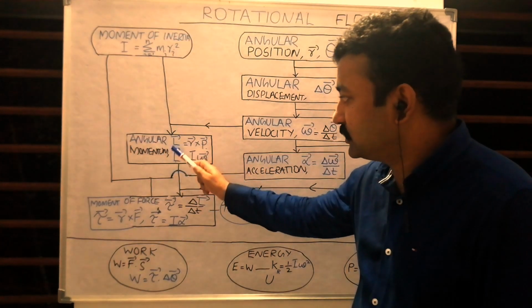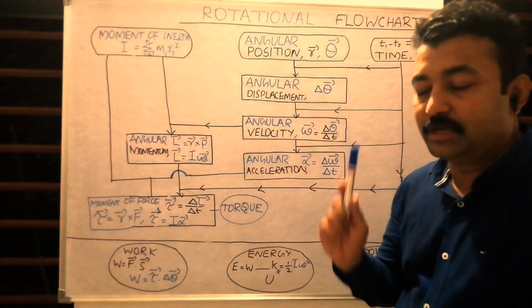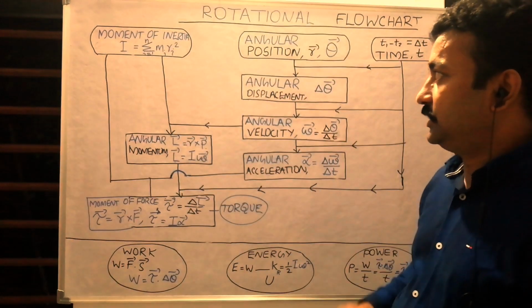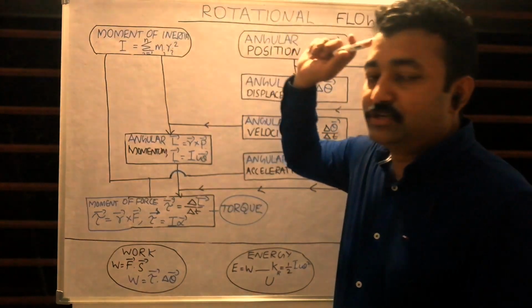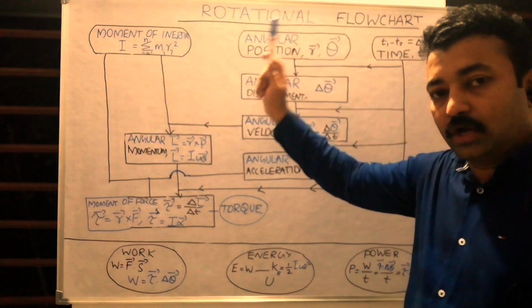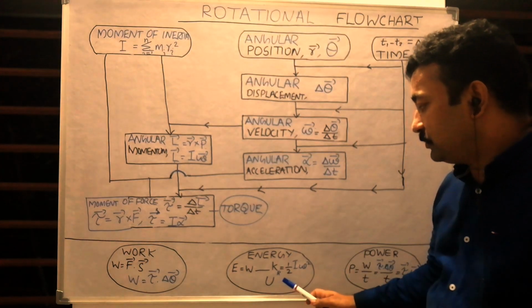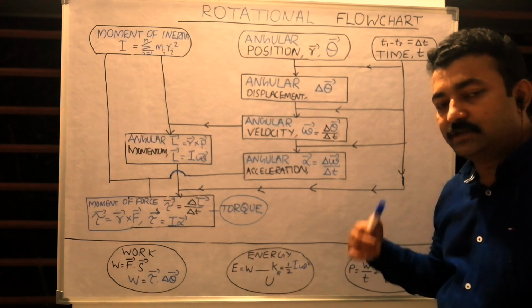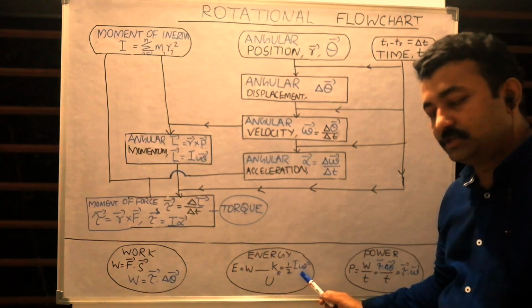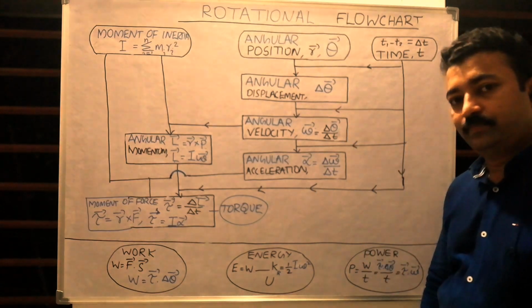Why is this analogous to linear momentum in translation? And next is moment of inertia. Why is this treated as the analogous quantity of mass in rotation? And also we will see rotational kinetic energy, which is analogous to the translational kinetic energy.